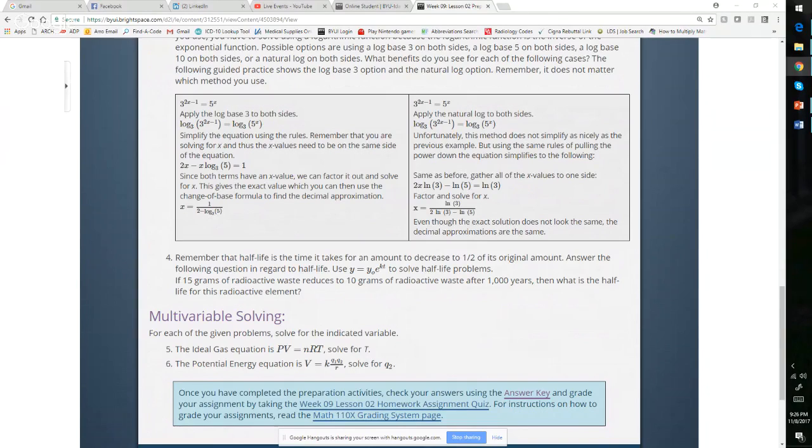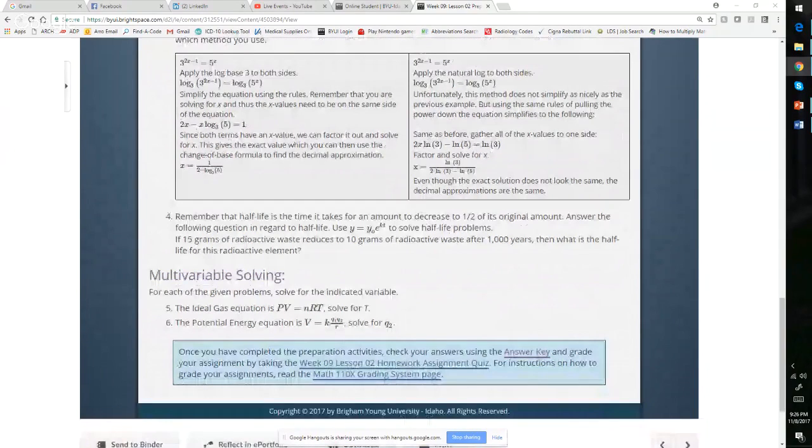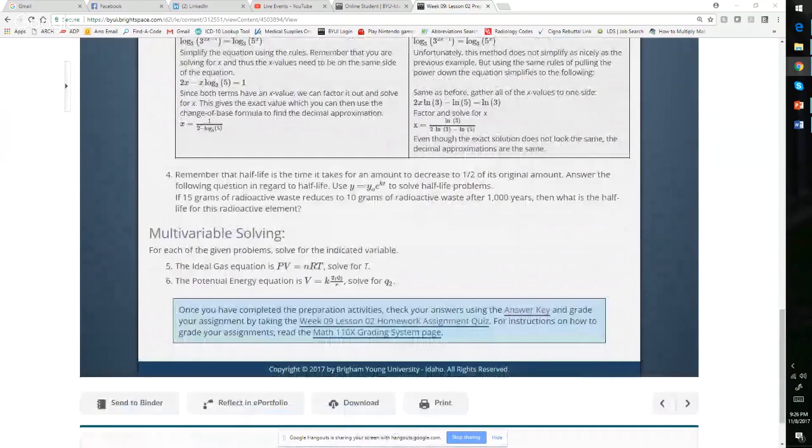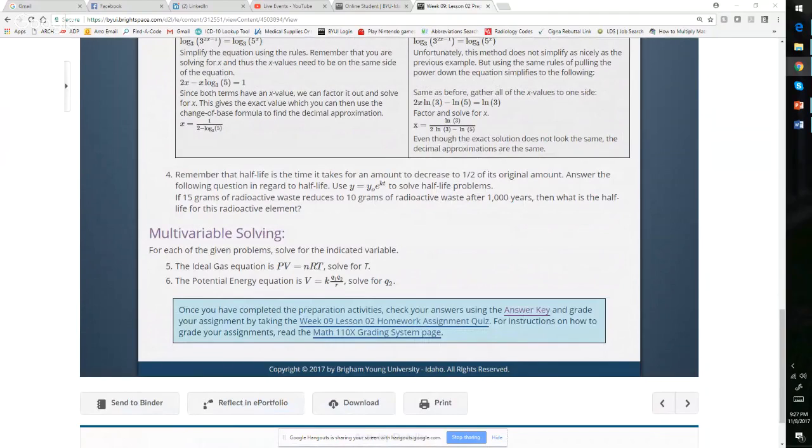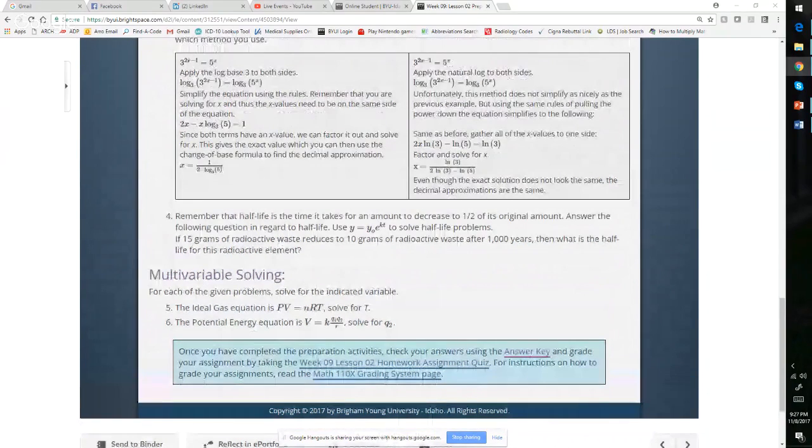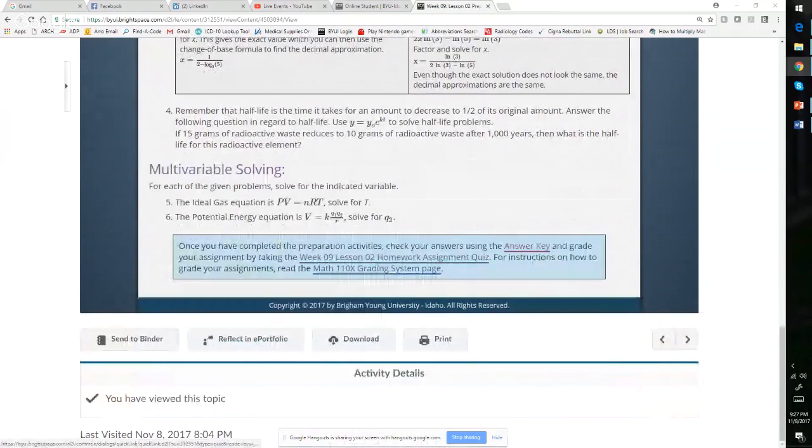I did not do 5 or 6, but those don't look too bad. Those are just basic problems without any variable input. You just have to solve for t. But we do have this week 9 lesson 2 homework assignment quiz that we need to take together as a team, so let me pull that up.